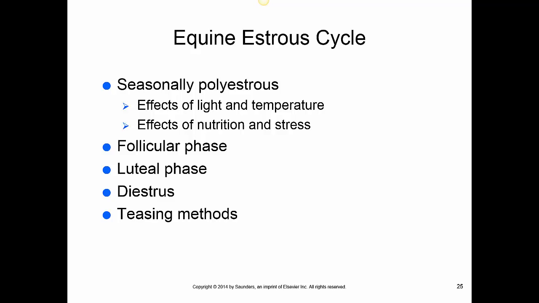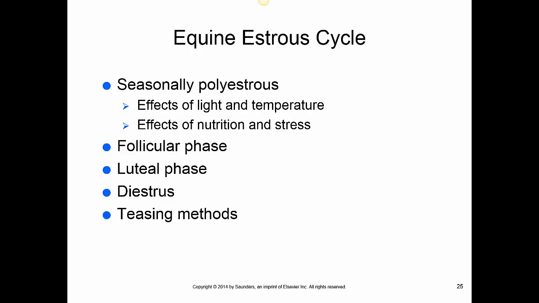When horses come into estrus, we have different follicular phases that we actually look at. Generally, they're going to be in estrus anywhere from 4 to 7 days on average. During that time, a lot of times we use ultrasound to track their follicular phase.